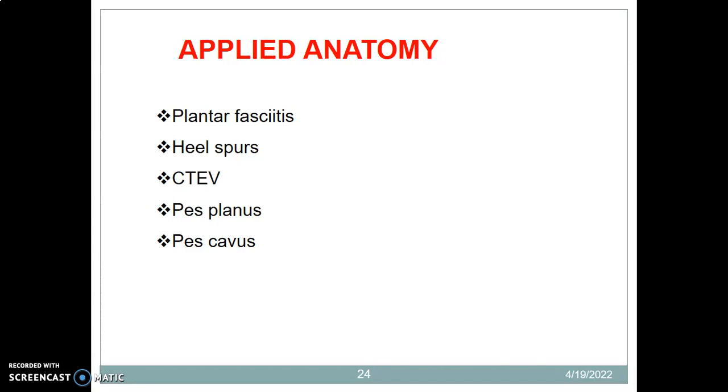Then we go to congenital talipes equinovarus. As we have said, it's just clubfoot. It's a congenital anomaly. We call it clubfoot.